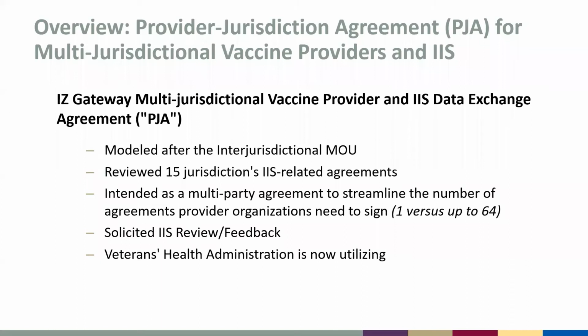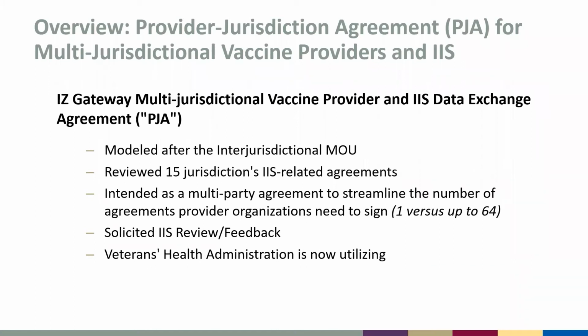In other words, a wide variety of state laws or state agreements were looked at to see how we could better inform and craft this agreement that was going to potentially impact up to 64 different jurisdictions.